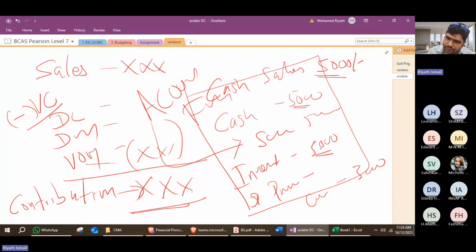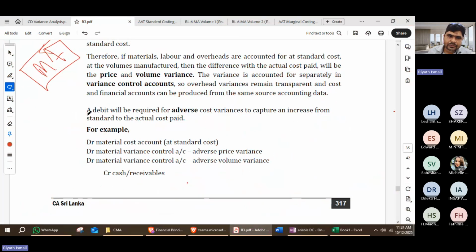For that, they have proposed a solution in this way. Here, they record at the standard cost rather than the actual cost.